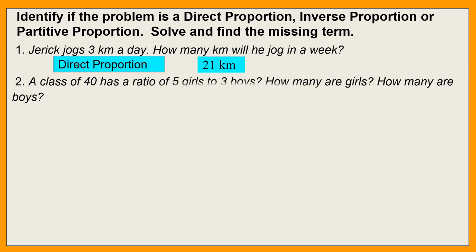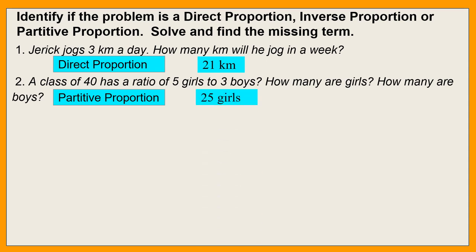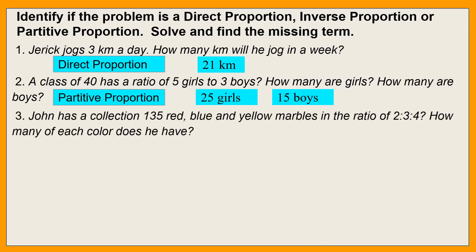Next. A class of 40 has a ratio of 5 girls to 3 boys. How many are girls? How many are boys? So this kind of proportion is partitive, and there are 25 girls, 15 boys. Next, John has a collection of 135 red, blue, and yellow marbles in the ratio of 2:3:4.